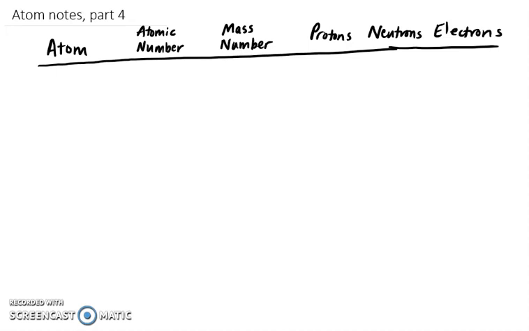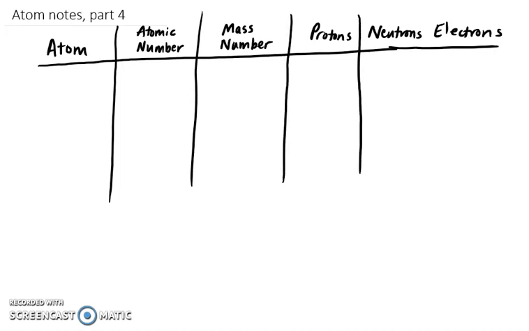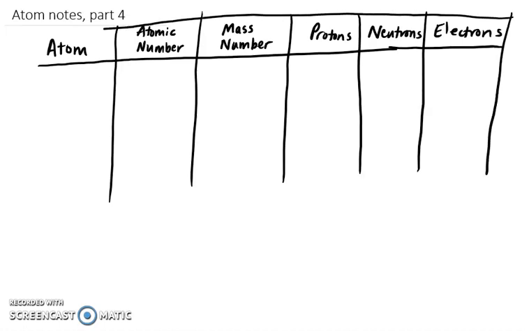All right, so go ahead and put some lines down like that. We're going to go through a few examples of these together. Basically, I'm going to give an atom out, and we're going to be able to figure out all the other information about it. So let me give you an example, okay?